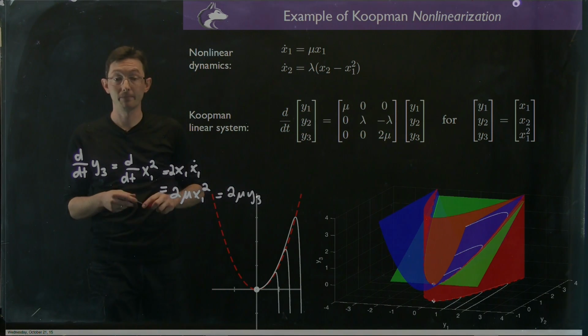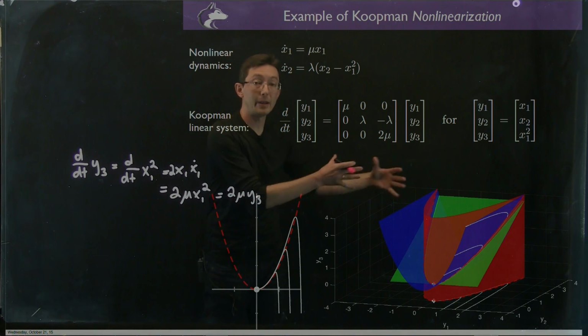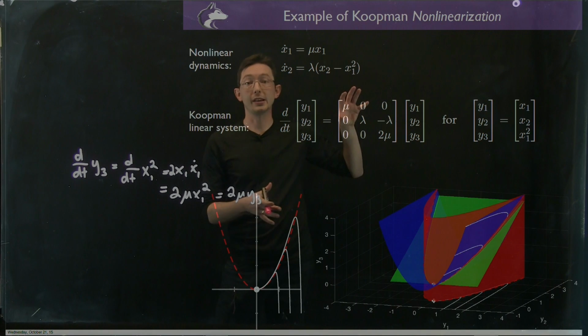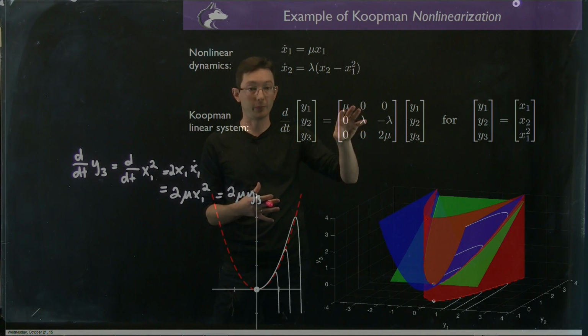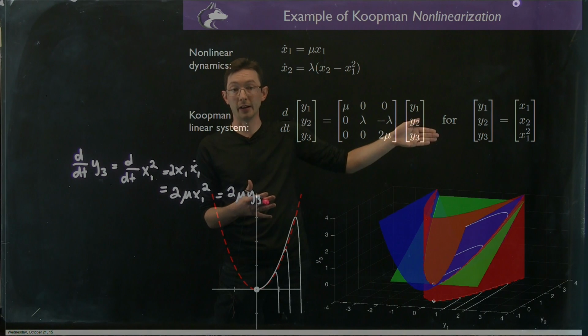Okay? And here what I'm showing you is a three-dimensional plot of these trajectories for this Koopman linear system. This is an honest-to-goodness linear system, right? There are no nonlinear terms here. It's written in terms of these observable functions, which are nonlinear in x.